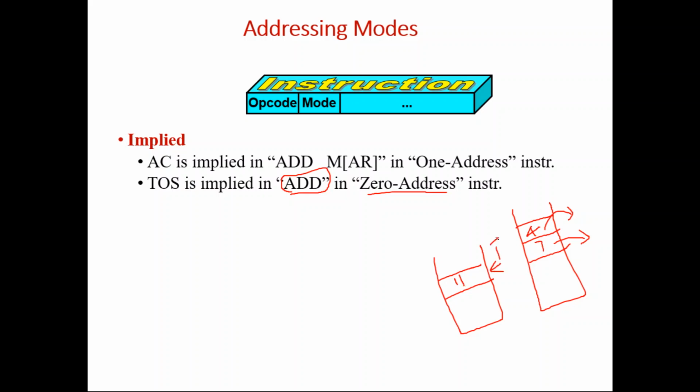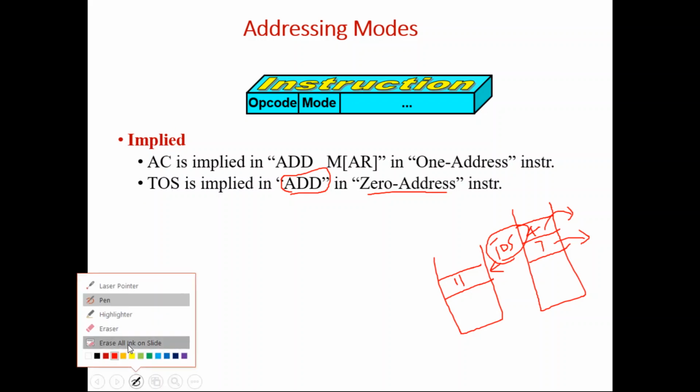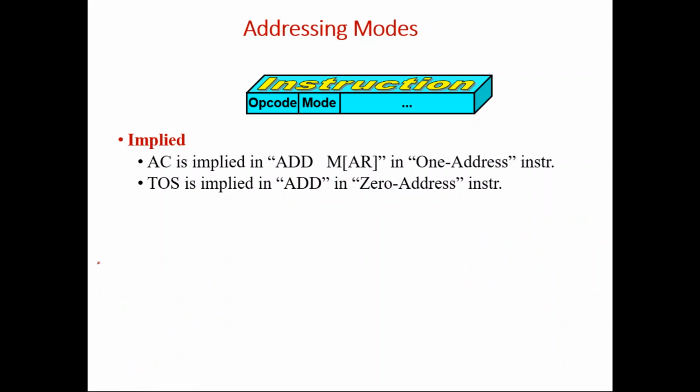Does this instruction anywhere talk about TOS? No, we are not at all using the term TOS. But whenever you use a zero address instruction, TOS is involved. So TOS is implied here. Such instructions come under implied addressing mode, right?